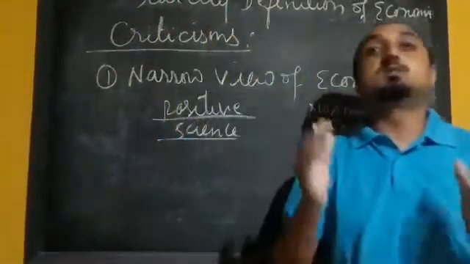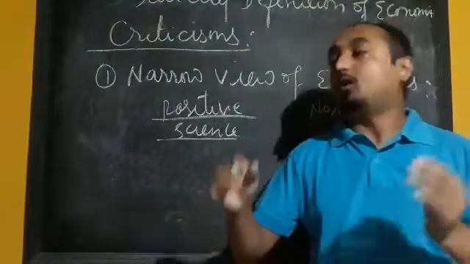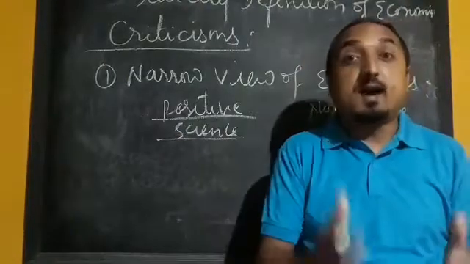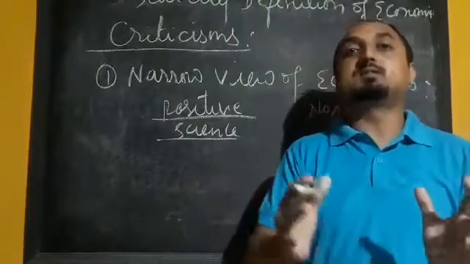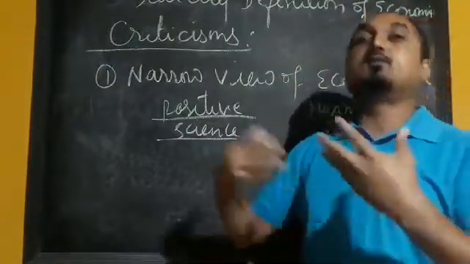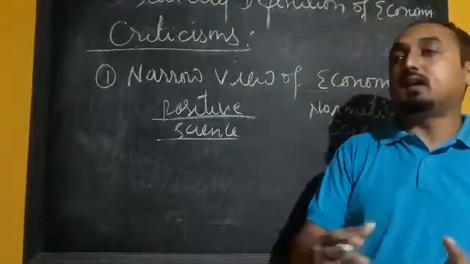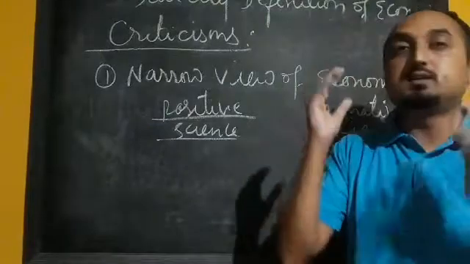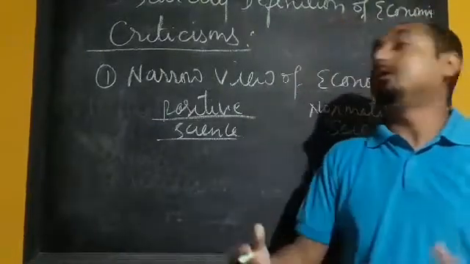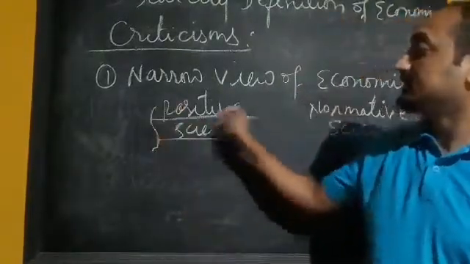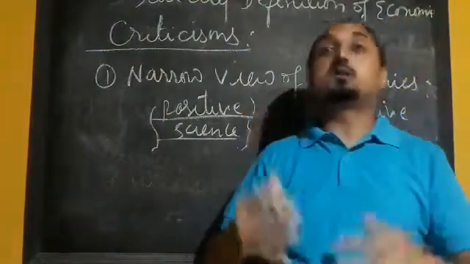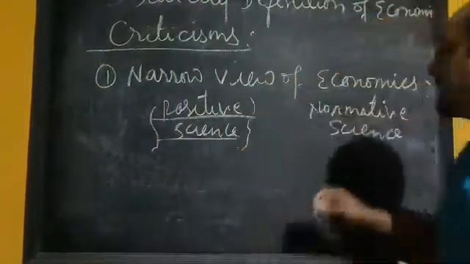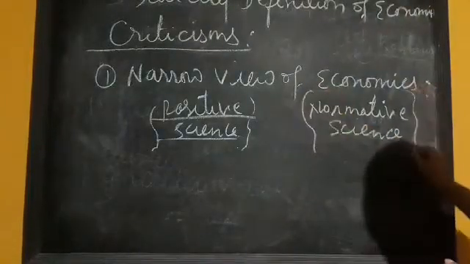Positive science is concerned with what is; it studies the facts and figures, meaning the exact values, through quantification, description or identification. But it does not explain what should be, what ought to be. That is explained by normative science.